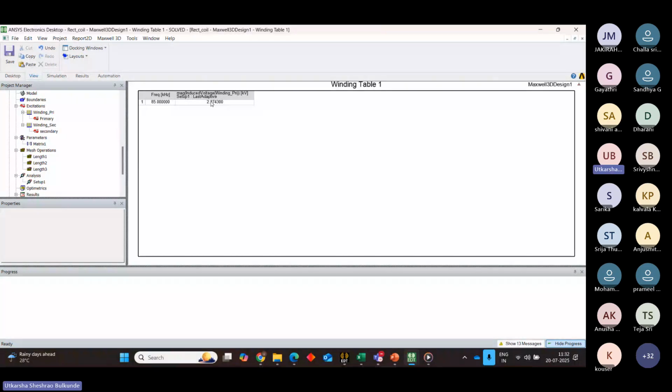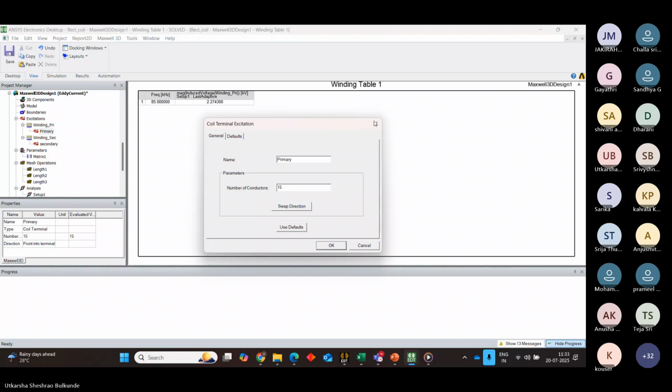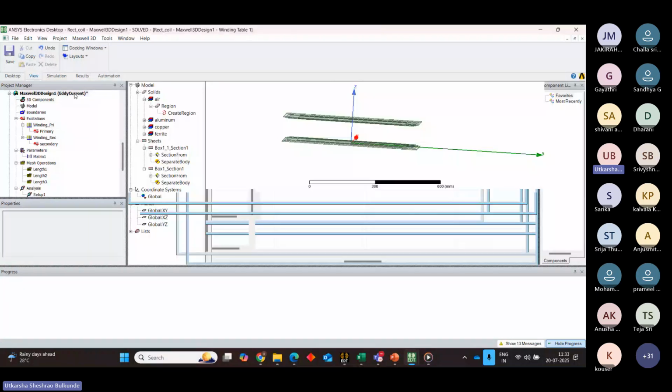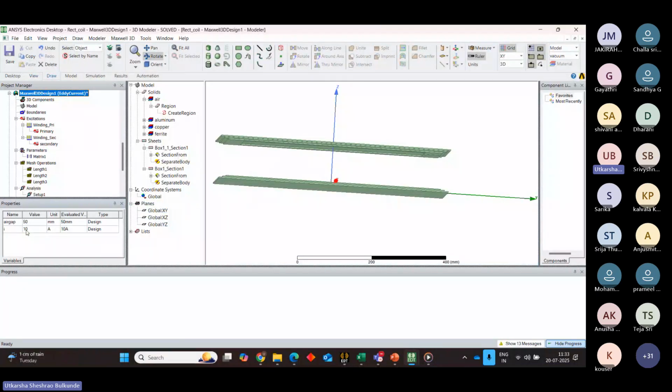This is the induced voltage in your primary winding, but the value of current that you give here is some random value, right? You have calculated it or you have given some random value.